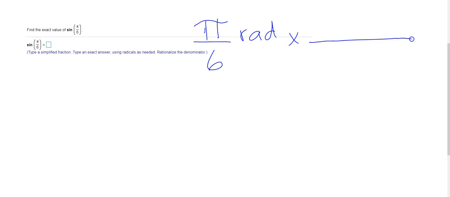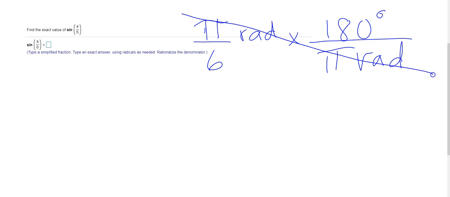Well, if you don't, then you should convert it using the handy-dandy method we taught you. Anything cancel out? Pi and the radians, right? So that leaves me 180 over 6, also known on the street as 30 degrees. So this question was really about what's the sine of 30 degrees.